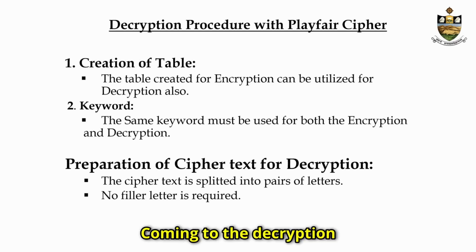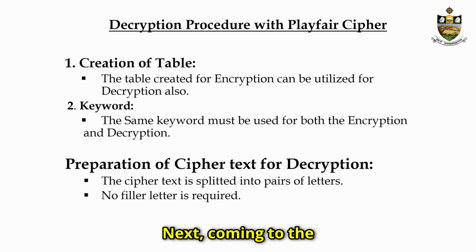Coming to the decryption procedure with the Playfair cipher, the first step is, again, the creation of the table. Whatever table was used for encryption, the same table must be utilized for decryption also. There is no change with reference to the keyword either. It is the common keyword for both sender and receiver, and for both encryption and decryption.